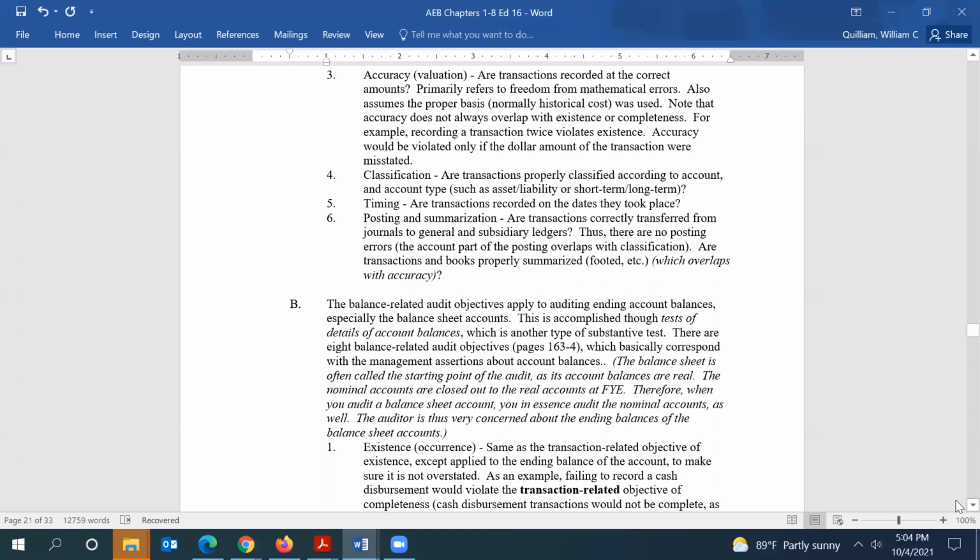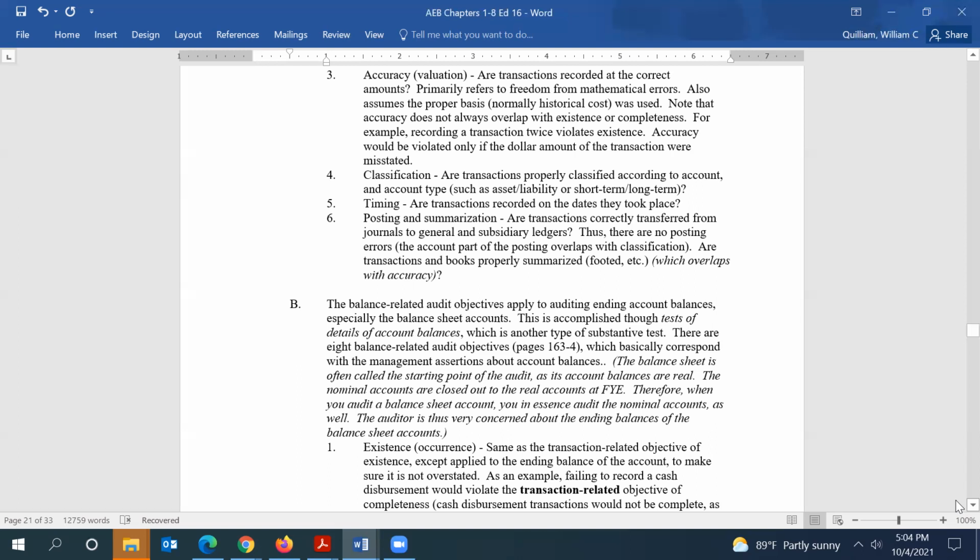Then number 6, posting and summarization. Are transactions correctly transferred from journals to general and subsidiary ledgers? Thus, there are no posting errors. And the account part of the posting overlaps a little bit with classification, making sure it's classified according to the proper account name, proper account type, like short-term versus long-term.